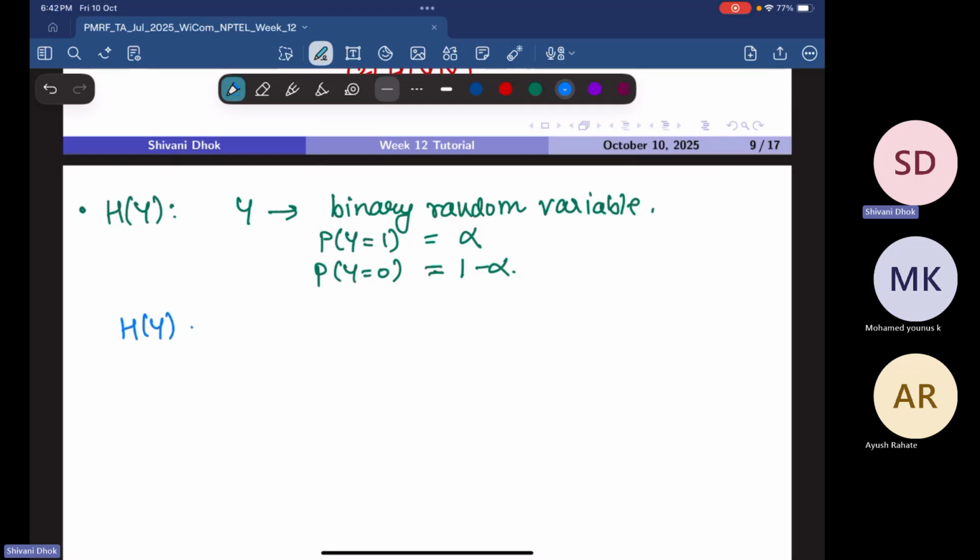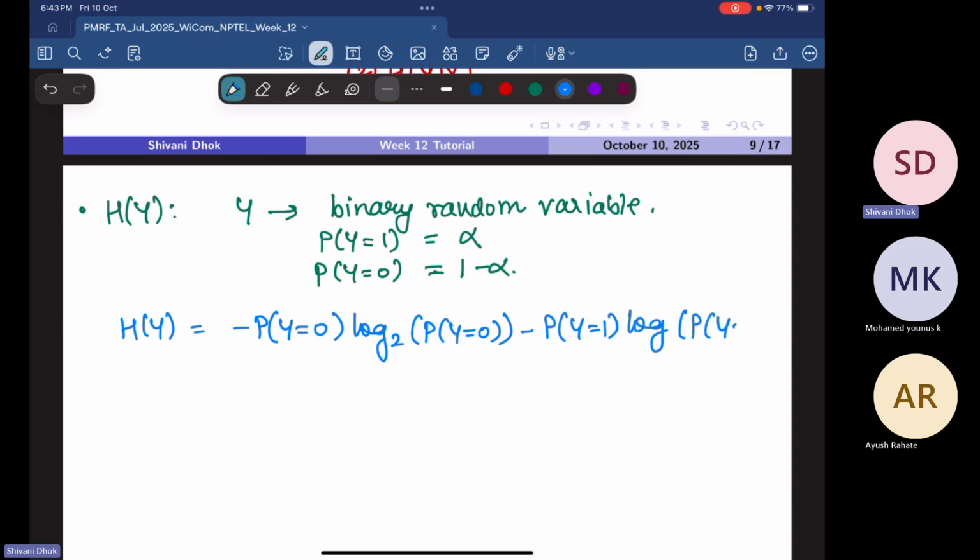H of Y will be equal to minus probability that Y equal to 0 into log of probability of Y equal to 0, minus probability of Y equal to 1 into log of probability of Y equal to 1.